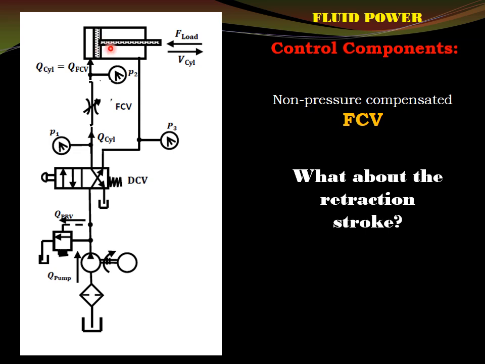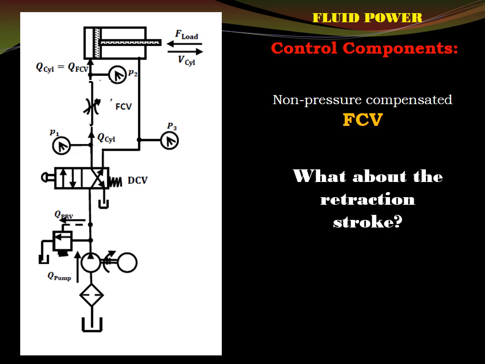And say the piston is here, right? As oil is coming to the rod end side, the piston will be moving towards left, while from this side it will be flowing out, but it is bound to flow through this FCV again. And these FCVs are not direction sensitive.